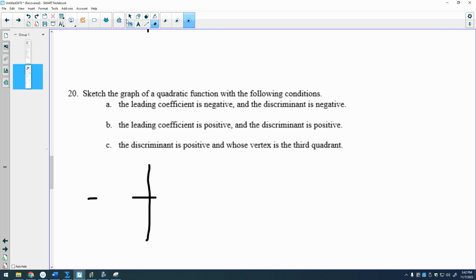Discriminant is positive, crosses the x-axis twice, and the vertex is in the third quadrant. There's quadrant 1, there's quadrant 2, there's quadrant 3. Put the vertex over here. Same as question B. Positive discriminant means it crosses the x-axis twice. Anything like that.